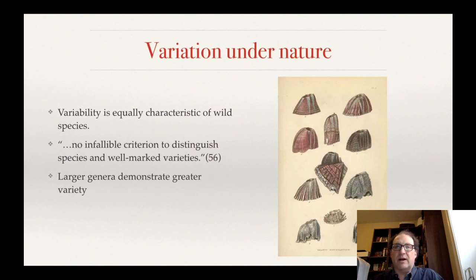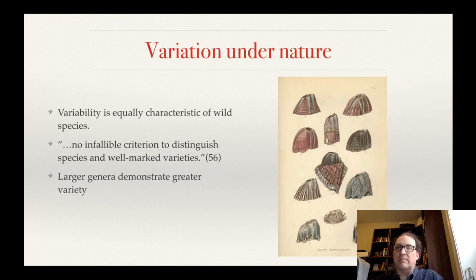One of the things he realizes is this fact that, as a general rule, larger genera, so that the more different species there are within a given genus, the more different the species within the genus are, and the more variable the organisms are even within a given species within the genus.